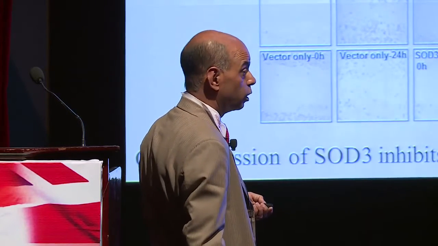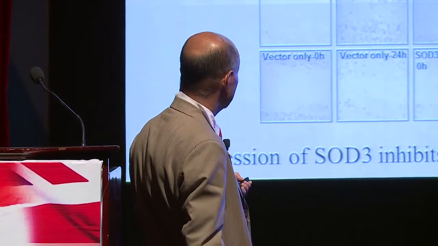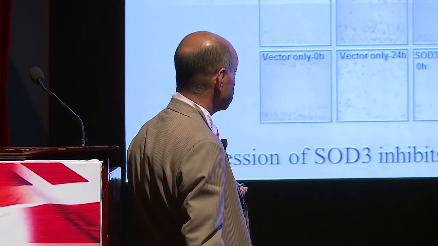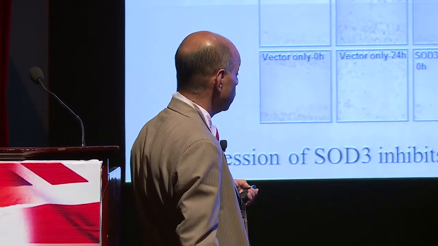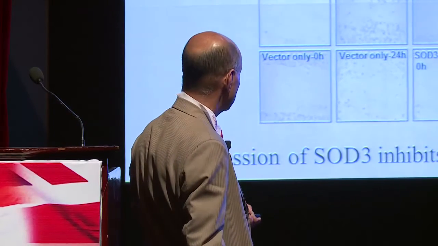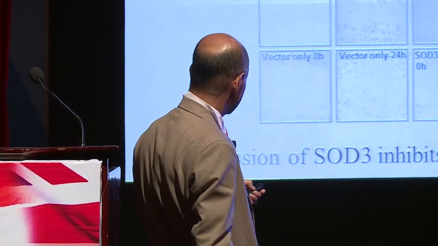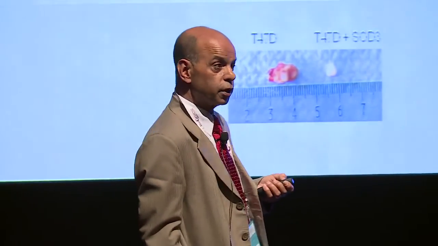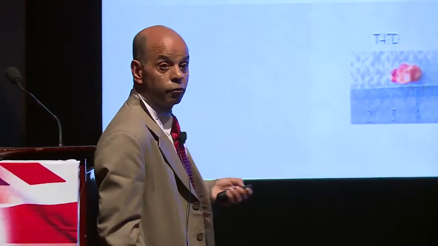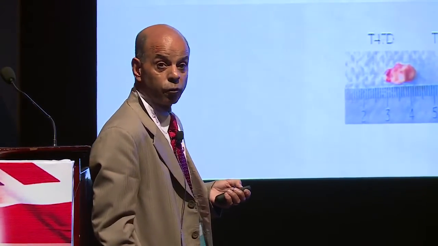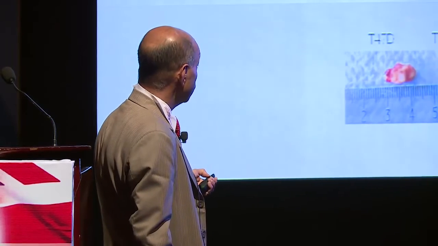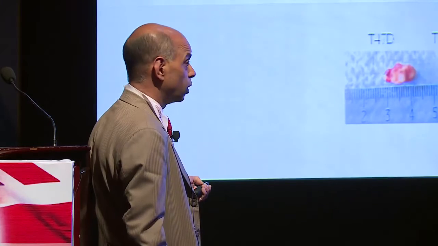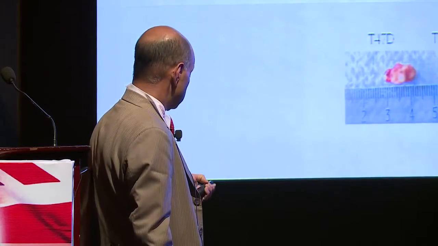On the contrary, if you overexpress SOD3, the colony formation decreases, mammosphere formation decreases whether given SOD3 alone or in combination with E2, and cell migration also decreases. And SOD3 expression is also associated with a decrease in expression of cell proliferation markers. If you overexpress SOD3, you see decreased expression of cyclin D1 and PCNA.